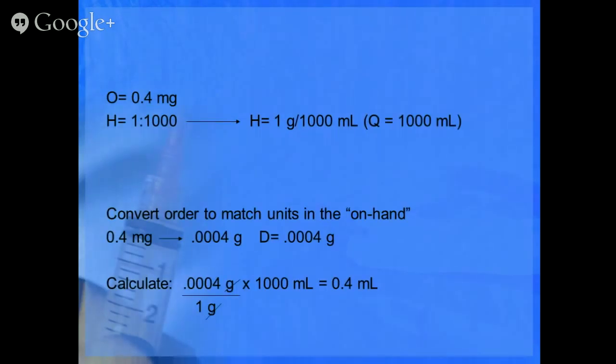Our ordered dose is 0.5 milligrams. On hand, we have 1 to 1,000, which means 1 gram to 1,000 milliliters.